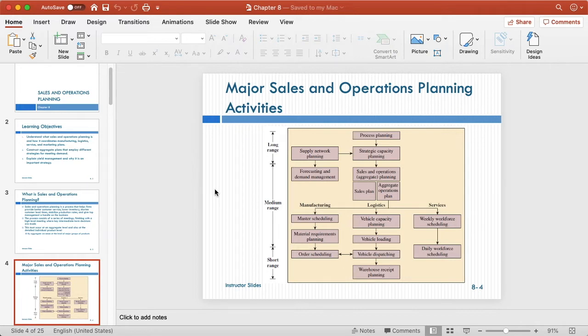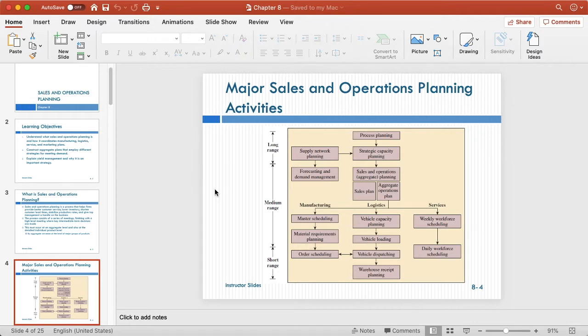Process planning, as the text shows, deals with determining the specific technologies and procedures required to produce a product or service. So process planning deals more with the manufacturing process or service process itself.